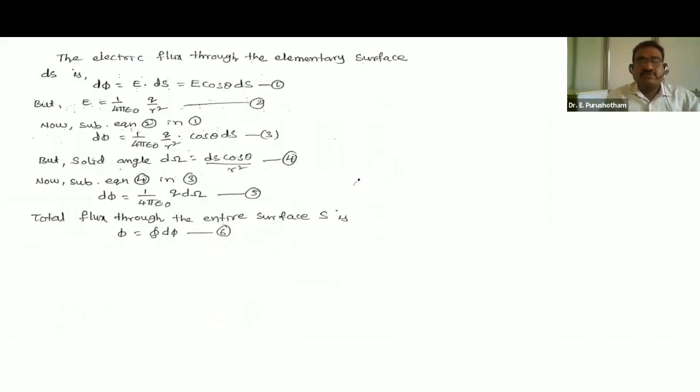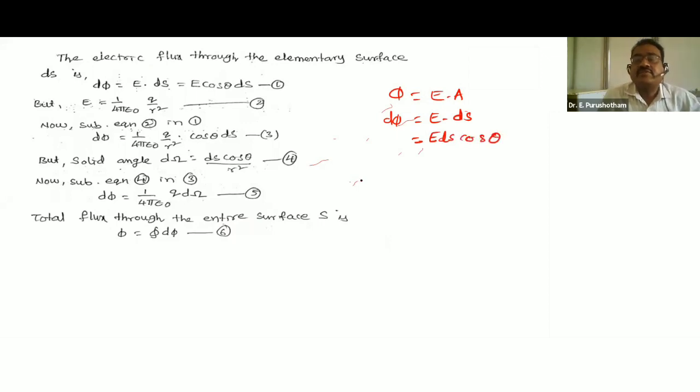Therefore, the electric flux, as in yesterday's class, phi is equal to E dot A. For a small elemental surface ds, the electric flux d phi is equal to E dot ds. The dot product A dot B is equal to mod A mod B cos theta. In the same way, this is E ds cos theta.